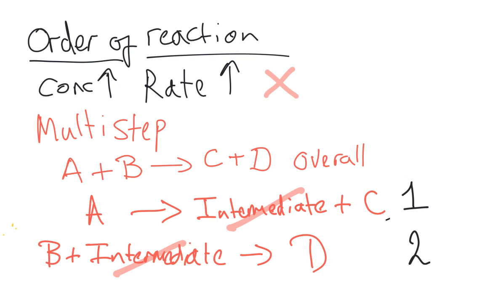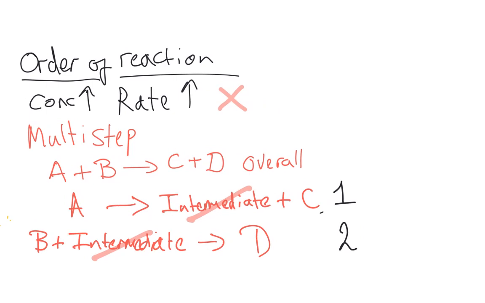So let's say the first step where A is just decomposing to be an intermediate and C, that's particularly slow. That's a really slow step. And the step where the B plus the intermediate reacts to D, that's a fast step in terms of rate. So the first reaction is happening slowly, the second reaction is happening much more quickly at a much faster rate.